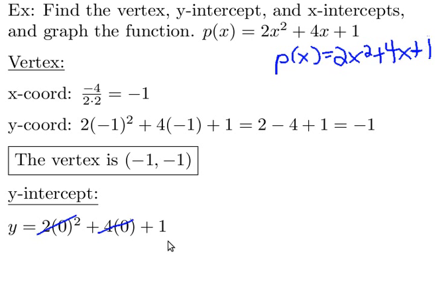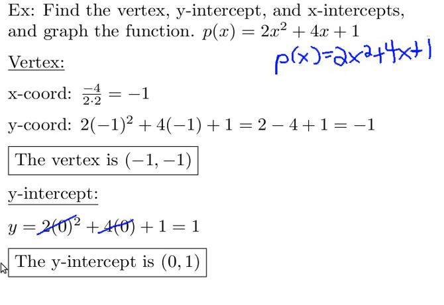You're only going to have 1 left. But again, this is not the final answer, because we need to write out the y-intercept. Oops, I miswrote it. Okay, the y-intercept is 0, 1. And I'm so proud of that answer, I'm going to box it.